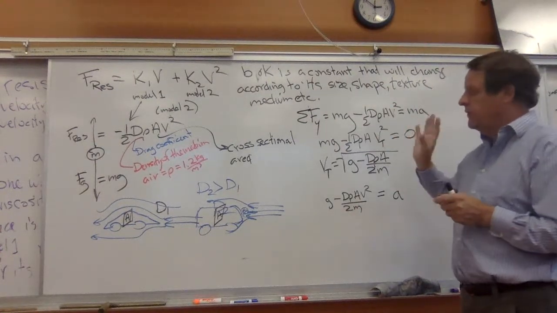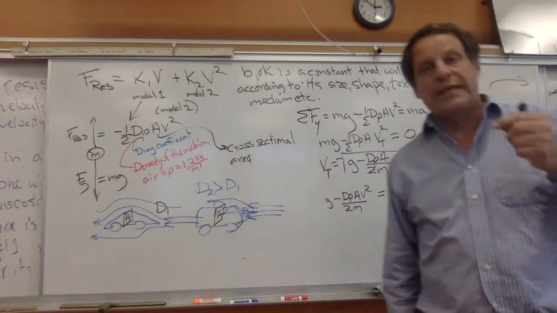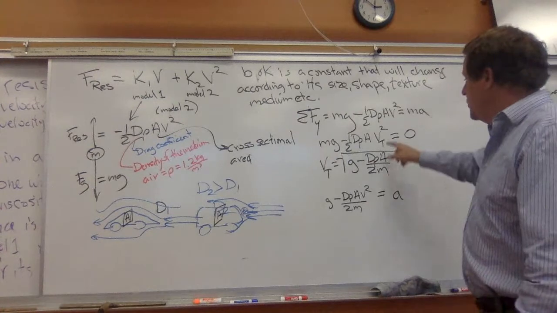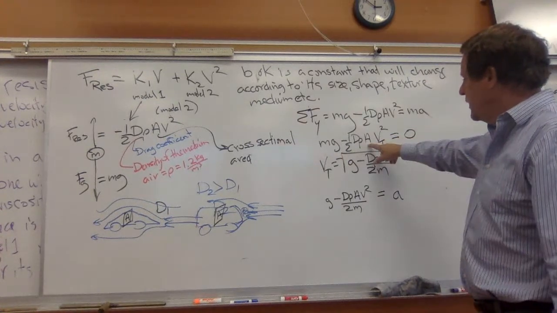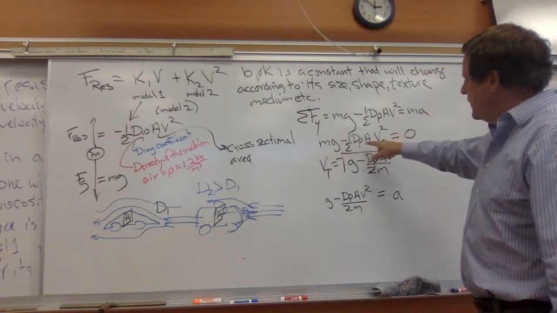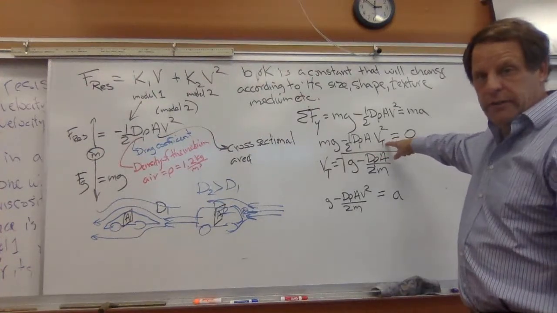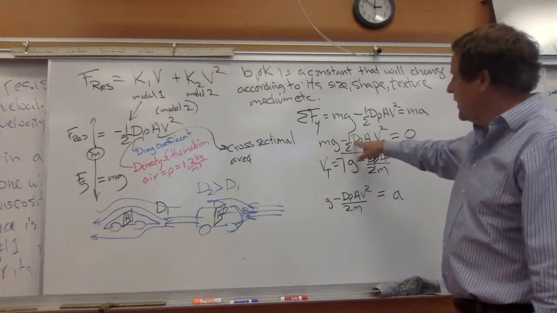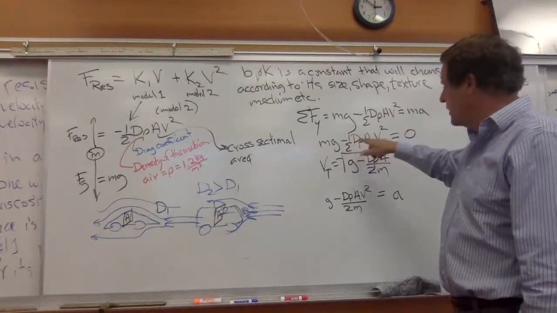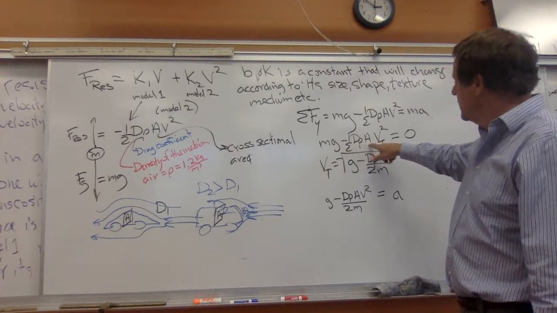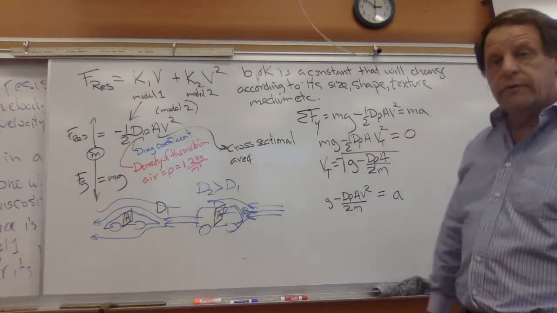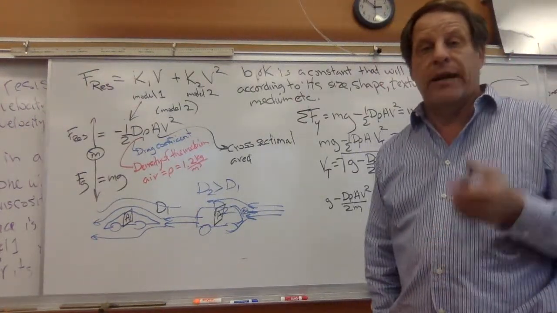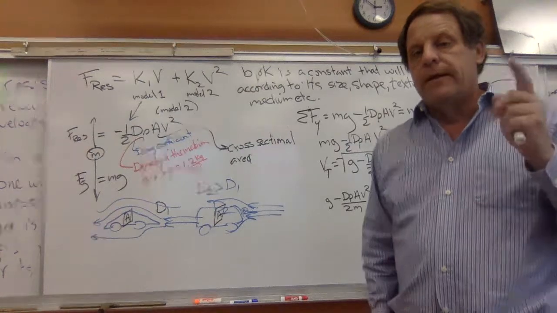Depending on what variables they give us, we can find, for example, the drag coefficient. If we knew the cross-sectional area, the density of the air, and its terminal velocity, we could manipulate that and find the drag coefficient. If we knew the drag coefficient, density, and cross-sectional area, we could figure out the terminal velocity. That is the sort of question I'm going to ask you.